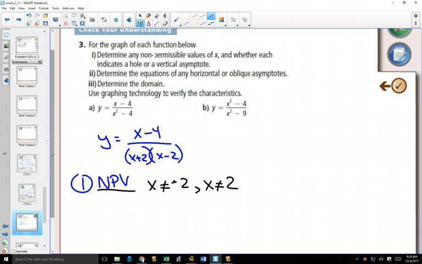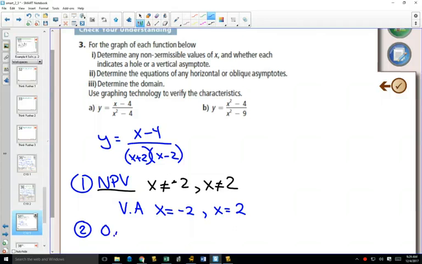It's nice to write them both separately, right? It's really like 2 more letters. It really doesn't take that long. Okay? These become vertical asymptotes because nothing cancels at x equals 2 and x equals -2.